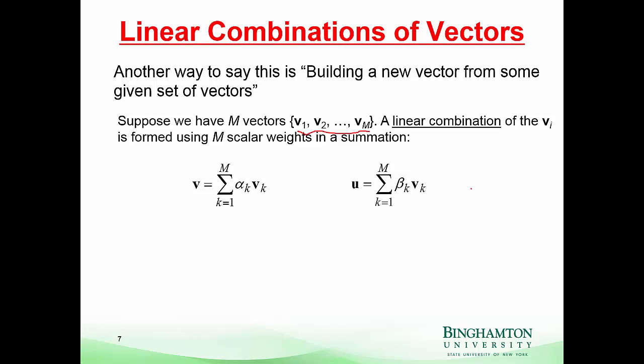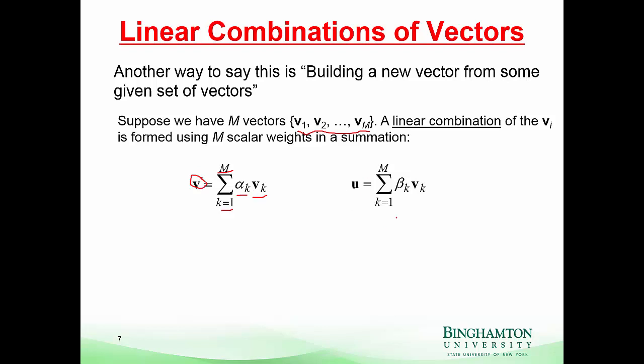And then we define a linear combination of these vectors as just a weighted summation. So we take each vector, and we're summing from k equal 1 to m, and we just put a coefficient alpha sub k out in front. So this literally is alpha 1 times v1 plus alpha 2 times v2 all the way out to alpha m times vm. And that sum is what we'll call, at least here, v.